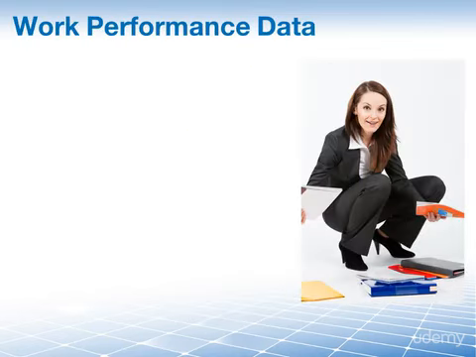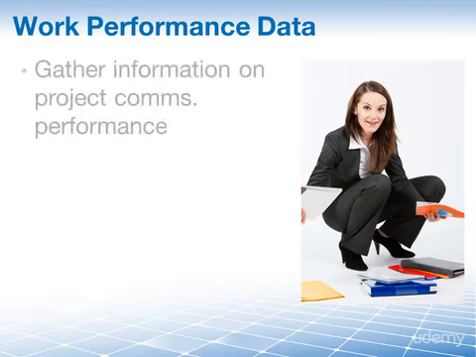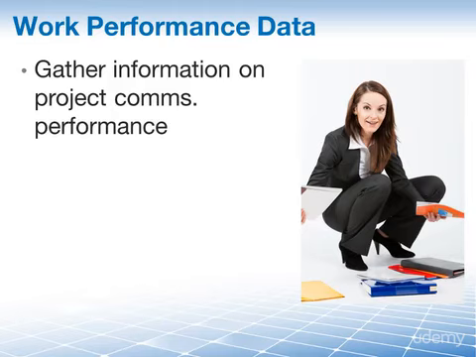Work performance data can take the form of feedback from stakeholders on communication or results from surveys on communication effectiveness. The first thing that is done in the control communications process is to gather all kinds of information about how well the project has been performing its communications. Well, actually, that's not 100% correct, because gathering this data is not really part of this process. We do that elsewhere.